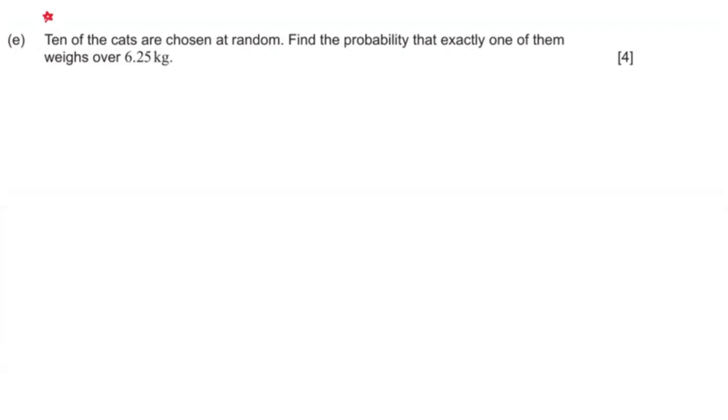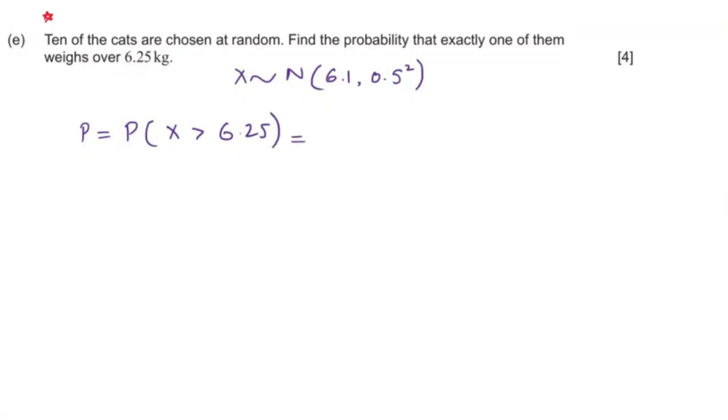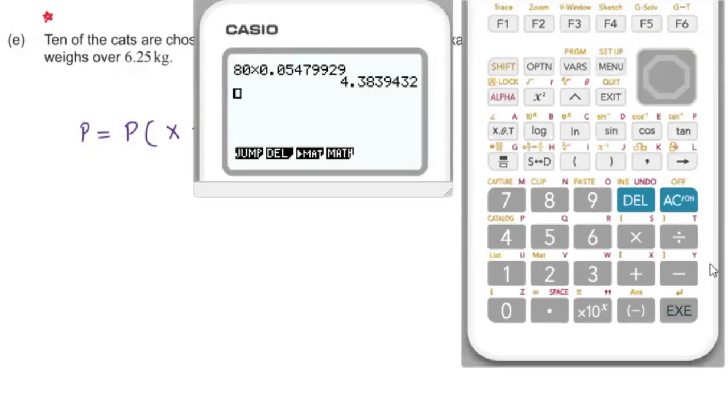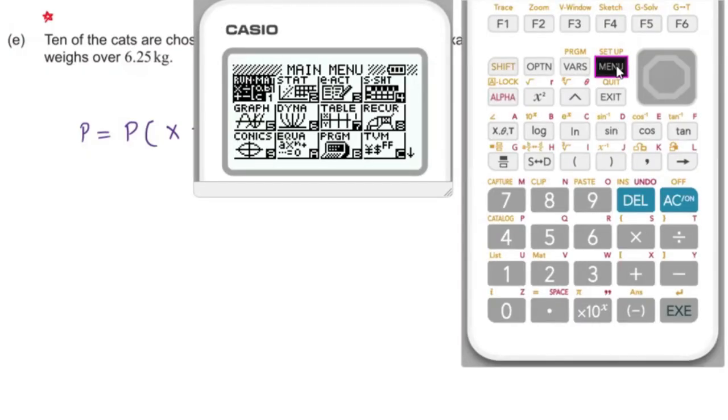So listen to this carefully. The success will be taken from the normal distribution, which we have already, with mean 6.1 and standard deviation 0.5. So the probability of success is weighing over 6.25. Let's get this from the GDC and then we can use the binomial distribution.